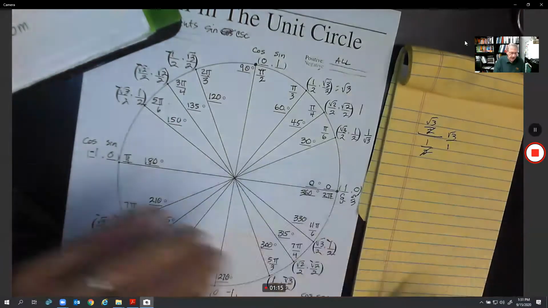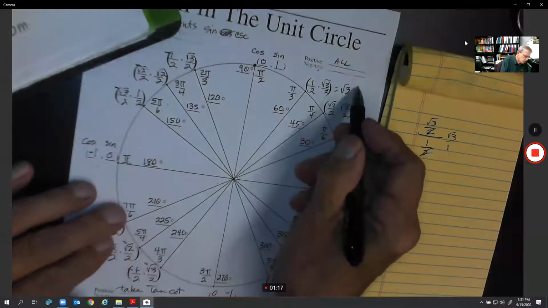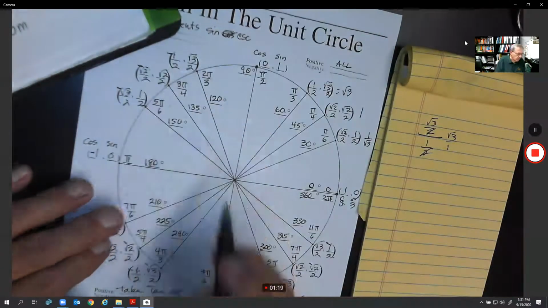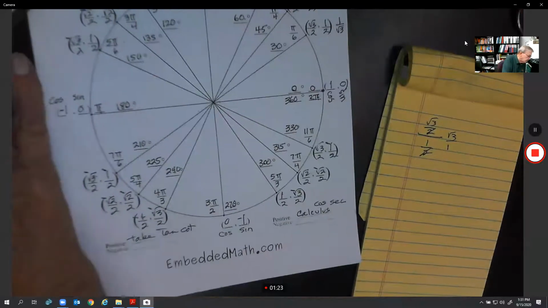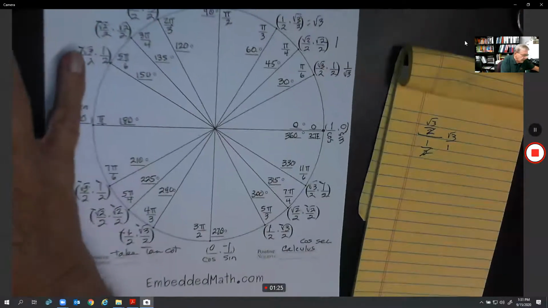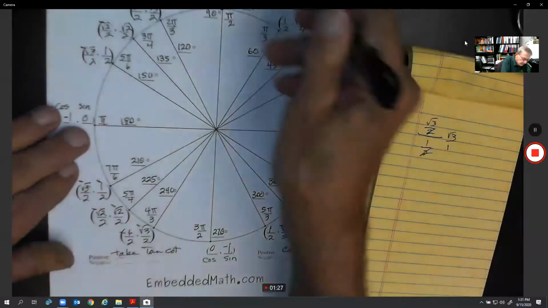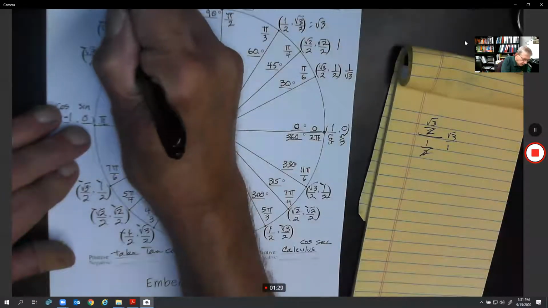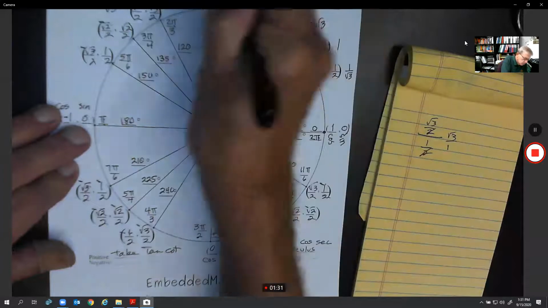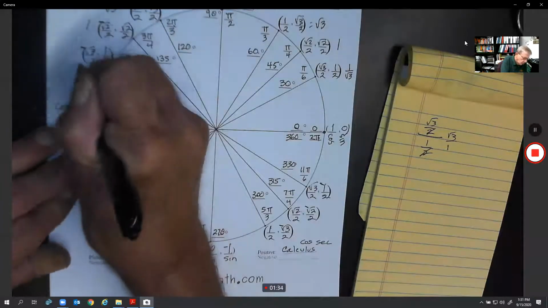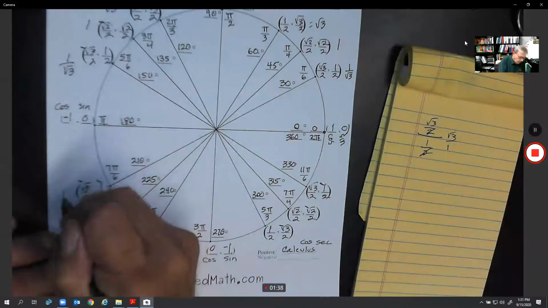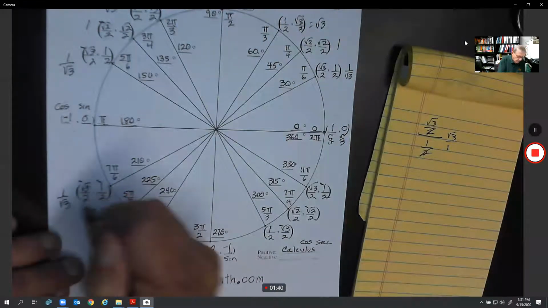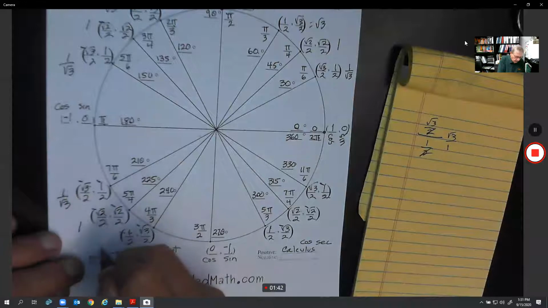What do you think is going to happen? We're going to go around the circle again, aren't we? We're going to do just like we did before in the last one. This is going to be radical 3, 1, 1 over radical 3. 1 over radical 3, 1, radical 3.